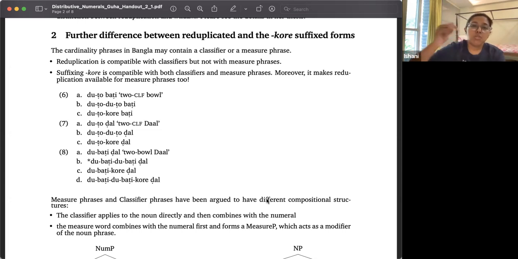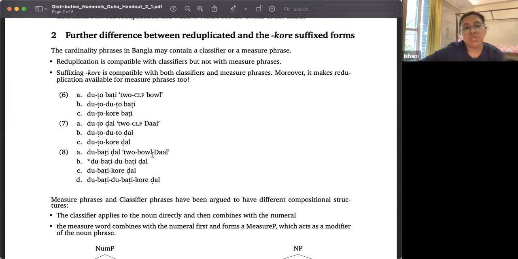Now, what I found is that reduplication is compatible with classifiers, but not with measure phrases. However, the suffixing kore is compatible with both classifiers and measure phrases. Moreover, this is the cool part, suffixing kore makes reduplication available even for the measure phrases.